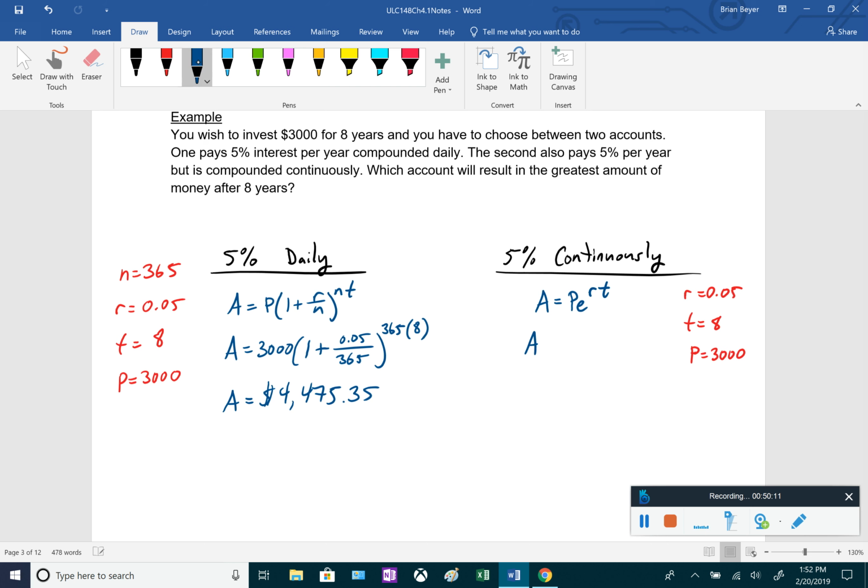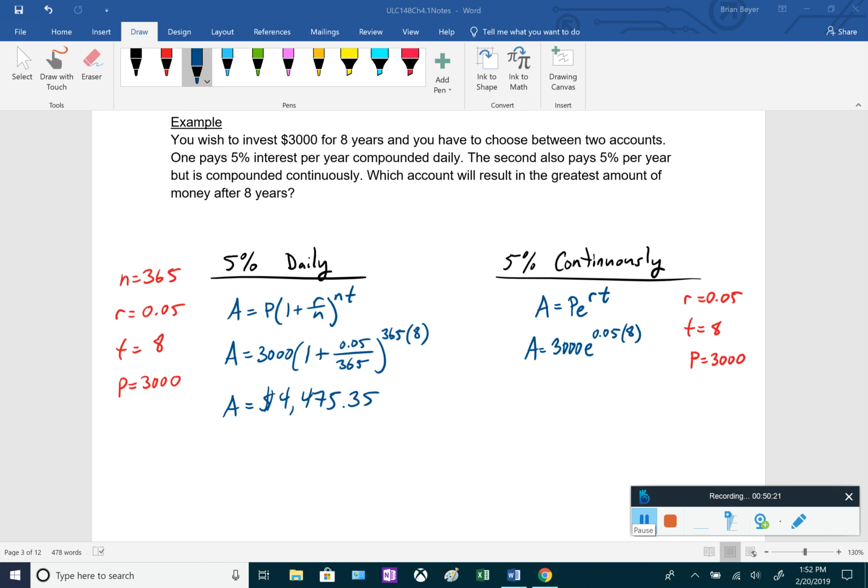So plugging all of these in, we get A equals 3,000 times e to the 0.05 times 8. And this will end up giving you $4,475.47.